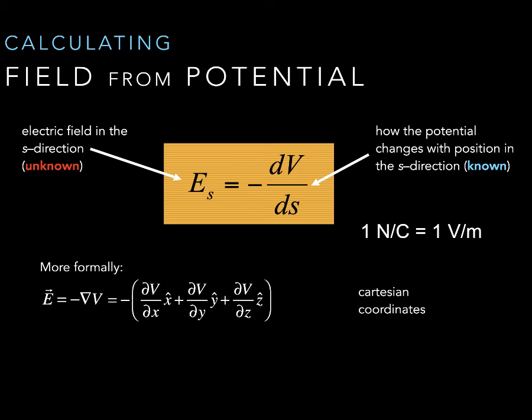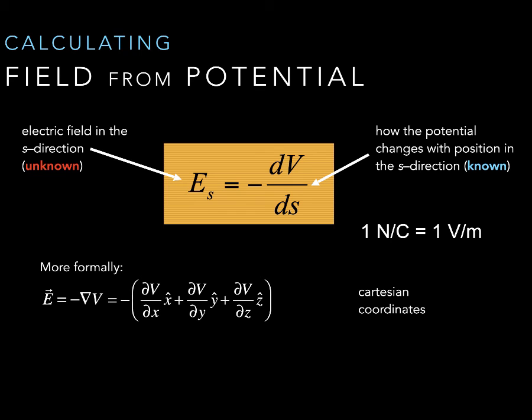The way this works is a partial derivative of the potential with respect to x in the x direction, then another partial derivative with respect to y in the y direction, and you continue with z. So that's how you contain a three-dimensional vector value for electric field within one scalar.